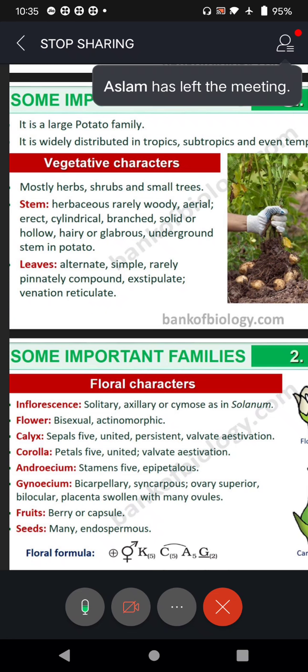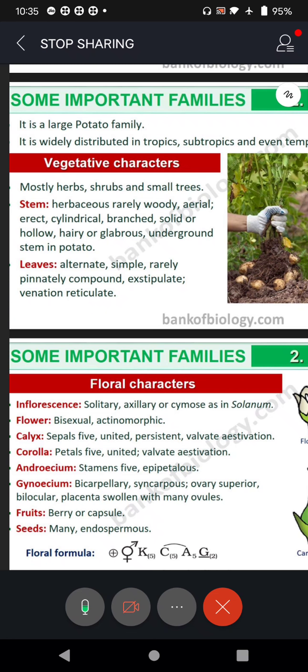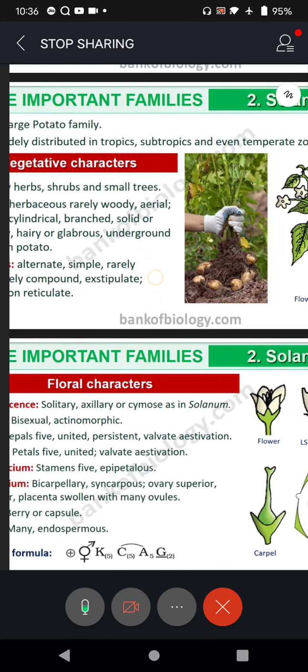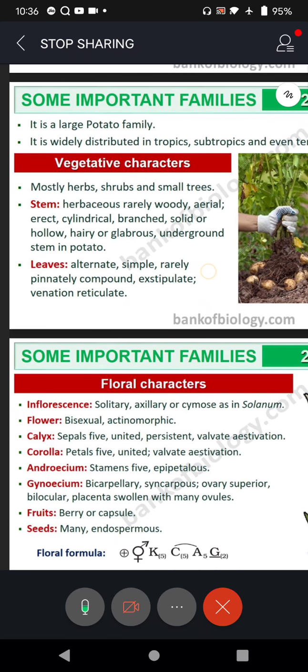And as I said, you must remember this family as either potato family or tomato family or at least brinjal family, so that it will be easy for you to remember. So what is the first point? It's a large potato family. It is widely distributed to tropics, subtropics and even temperate zones. Means throughout the world these are grown.